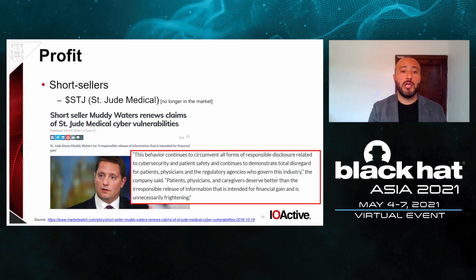This is what many short sellers do. They basically release the report to the internet without letting the companies know about it. So they have a short position and they make money if the stock price drops.